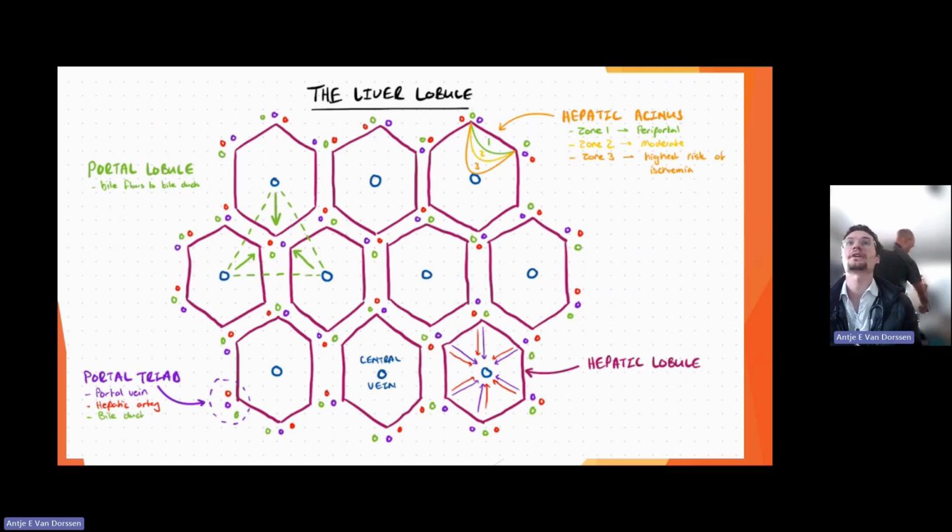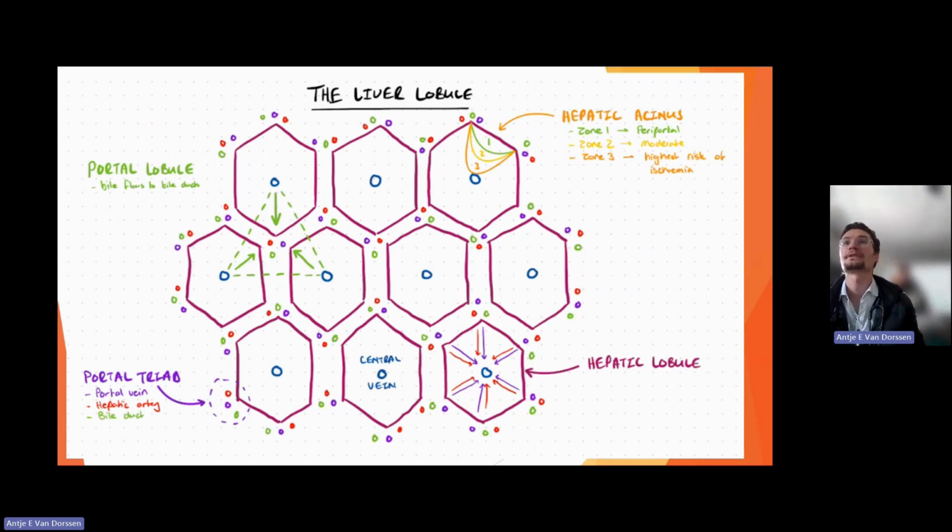At each corner of the hexagon there are 3 structures called the portal triad: a portal vein, a hepatic artery, and a bile duct. In the middle of each hexagon is the central venule, or central vein. It's important to know which way things are flowing in this structure.